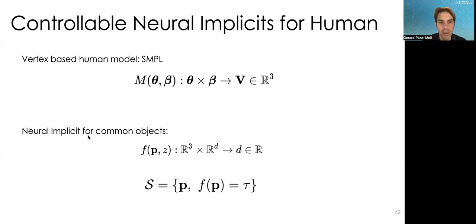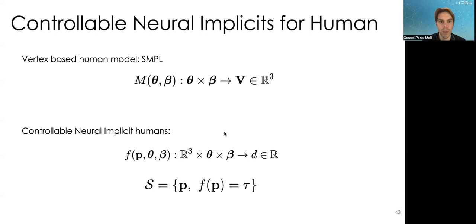In neural implicit models, instead, given a latent code of dimension D and a point P, which is 3-dimensional, it predicts a distance or an occupancy, which is a scalar. That's the mathematical difference between these two models.